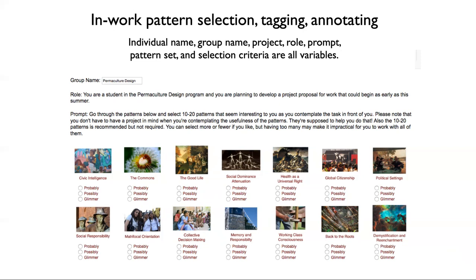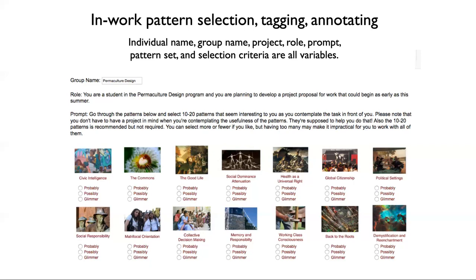If I turn off the mute, so we put this together so people can go through as a team, like say 20 people could all indicate what they thought about these different patterns. Say, yeah, I think the good life would probably be something I would like.